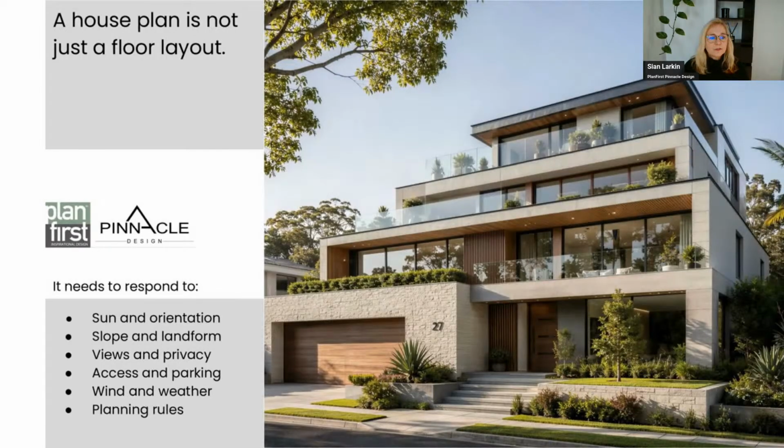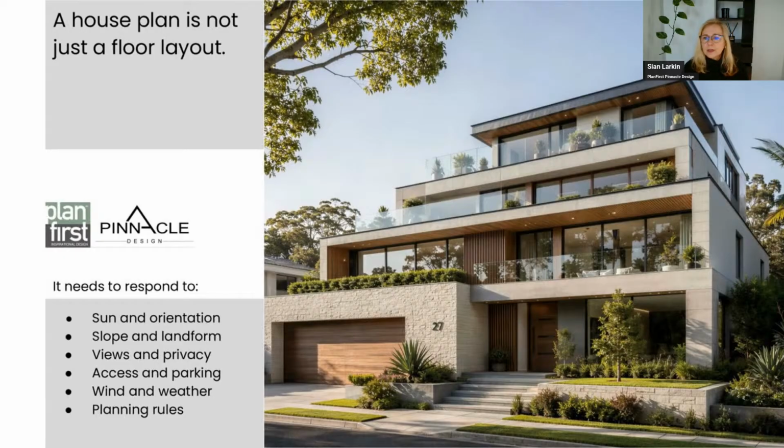Then next, very, very important, is planning rules. So you could have a beautiful plan that you've seen, and it's just a magnificent house, and that is what you want. But your site might be in an area where you've got quite strict council rules, and those would be things like your boundary setbacks, your recession planes, your coverage, your permissible heights.